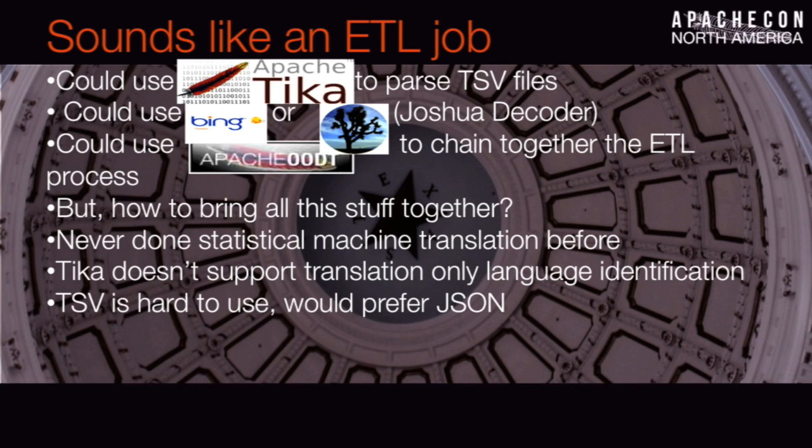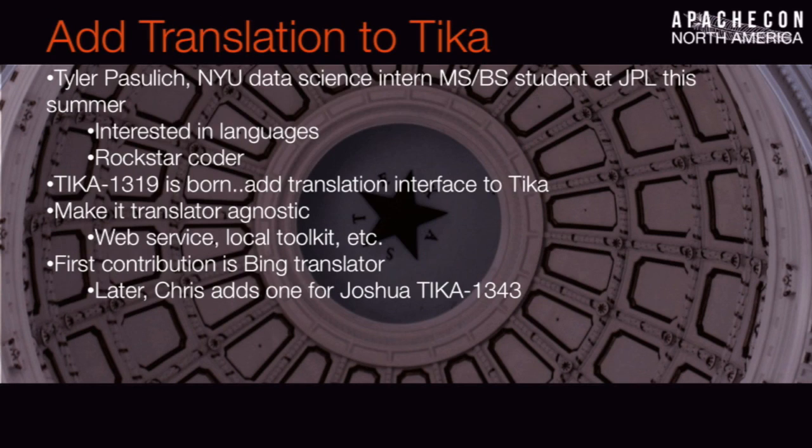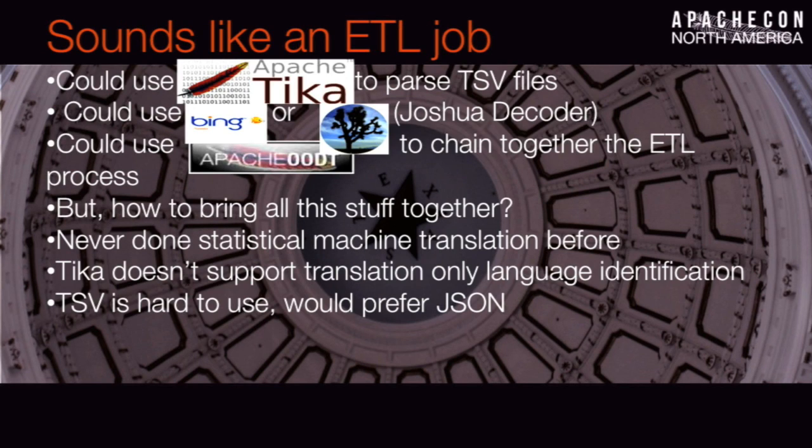There are two major ways to do machine translation. One is to use API-based translation toolkits like Bing, Google, and Lingo24.